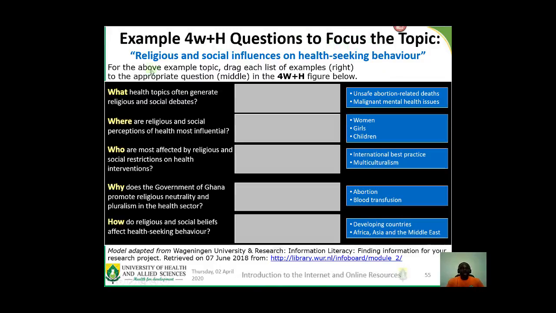So I give an example following the model given by the university library, and this topic actually came from my discussion with a friend who is a practicing nurse about an instance in their facility where, based on religious reasons, parents of a very young girl decided to refuse blood transfusion.